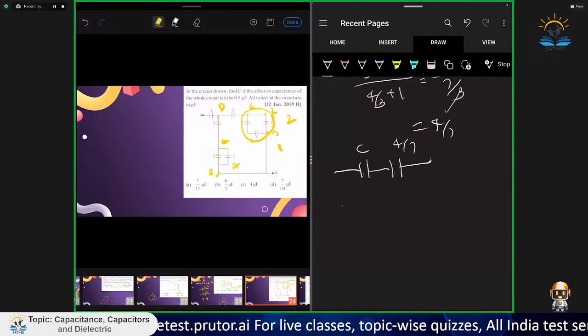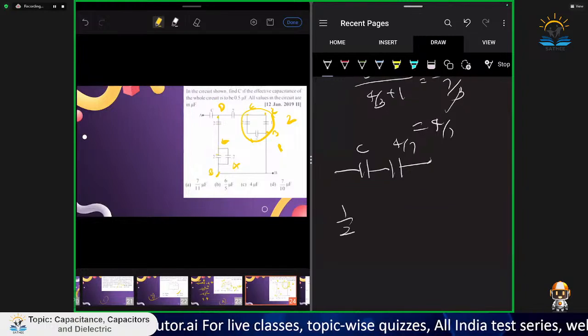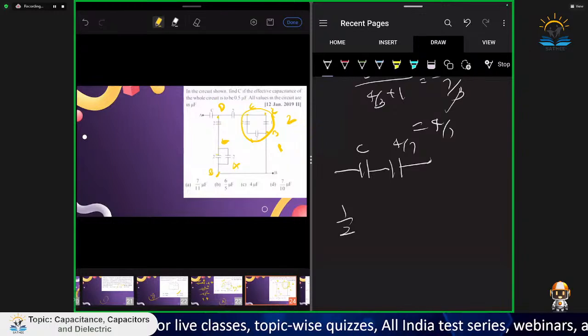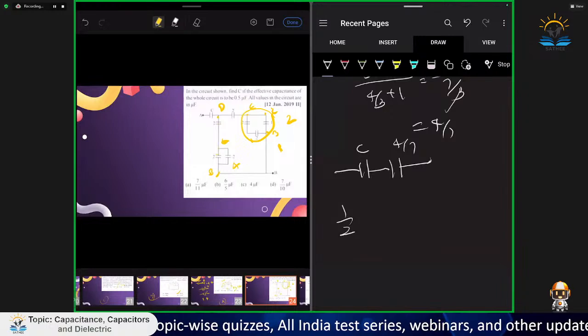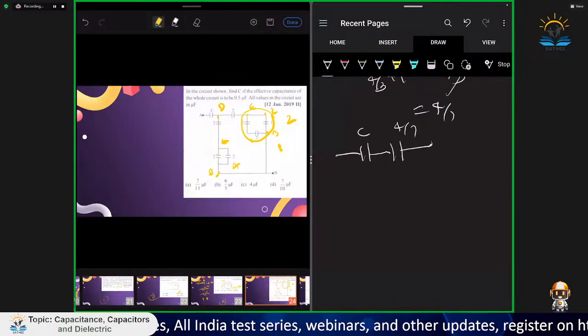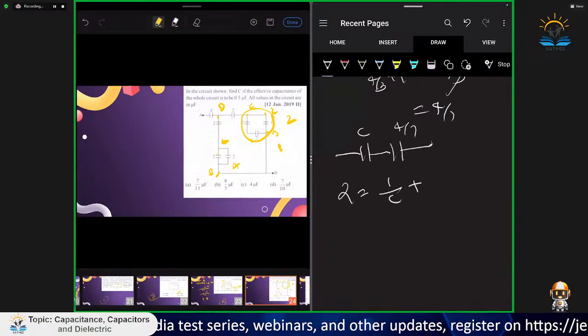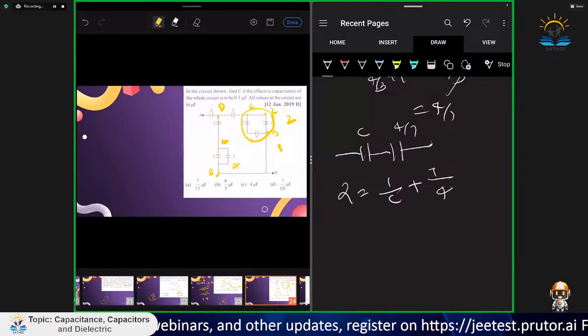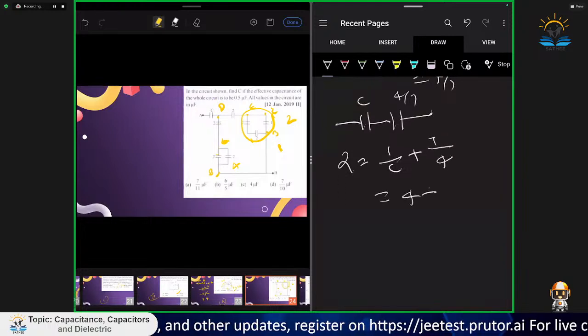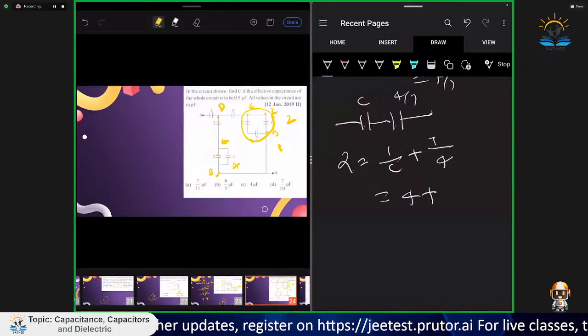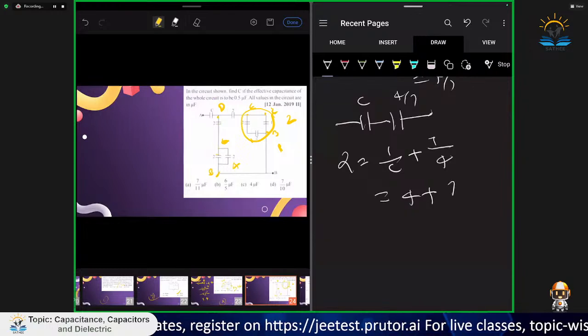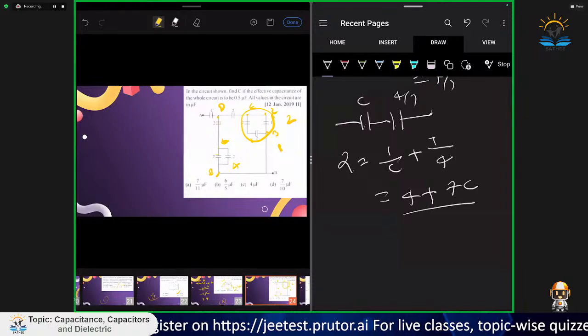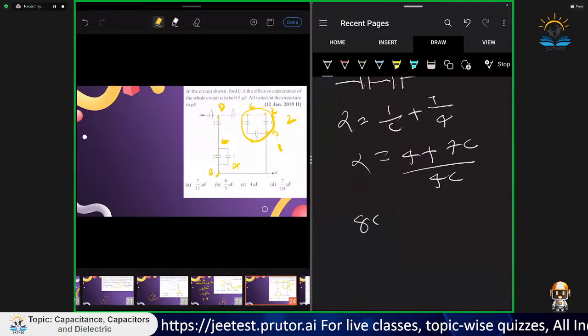So the effective is given as 0.5, that is 1 by 2. So 1 by 2 will be 1 by C plus 1 by 4 upon 7, that is 7 by 4. That is 4 plus 7C upon 4C equal to 2.